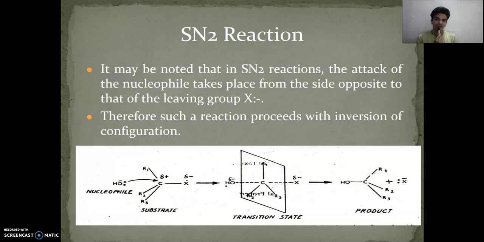The OH minus, a more electronegative base, attacks the positive carbon atom, which forms the transition state. Making of the O-H bond and breaking of the C-X bond takes place, the product forms, and the leaving of the X group takes place.